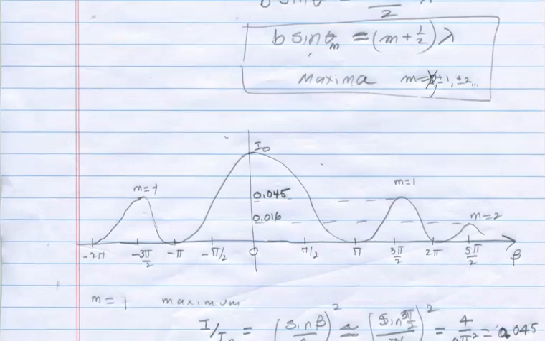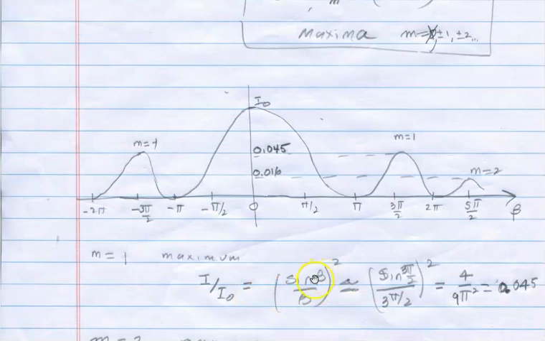For this m equal to 1 maximum, or the m equal to minus 1, it's really the same thing. I over I0 is this. But here beta at the maximum is close to, so this is approximate, sine of 3 pi over 2 over 3 pi over 2 squared. Well, sine of 3 pi over 2 is really minus 1, but you square it, it simply becomes 1.